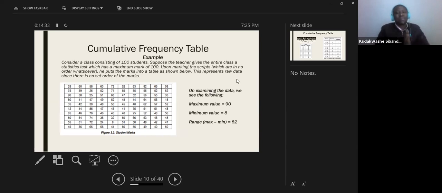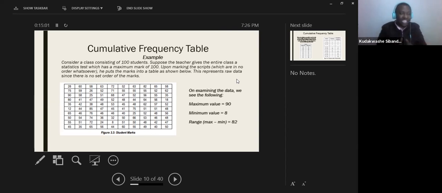When they are saying this represents raw data, it means when you are gathering information before you process it. Let's take this example, right? When the marker, or the lecturer or the teacher in this case, gets the scripts, before he groups the scripts, that type of data is called raw data. He hasn't processed it yet.